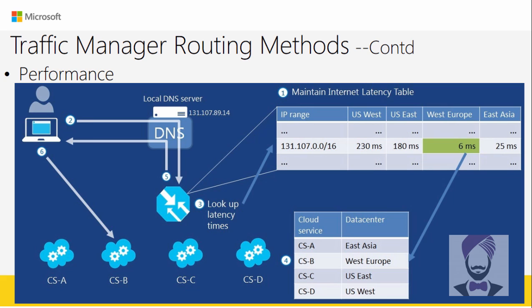As you can see here, for the West Europe application it's 6 milliseconds. The least round trip time is 6 milliseconds, and it's for Cloud Service B. So as per the internet latency table, it will select the application accessible with the least round trip time, and it will simply divert the traffic to that particular endpoint.